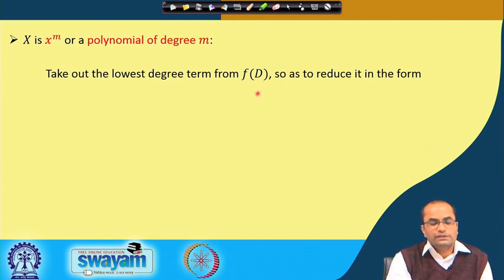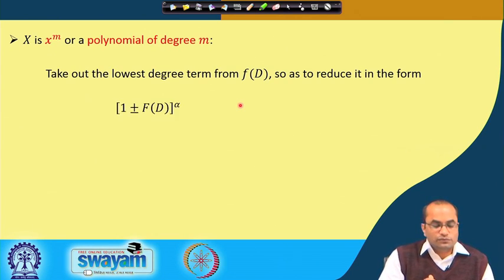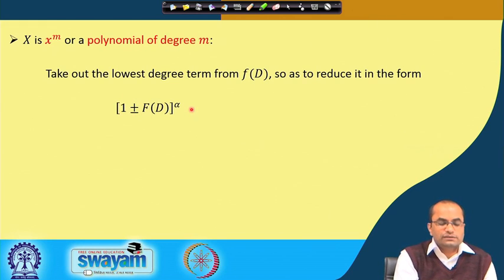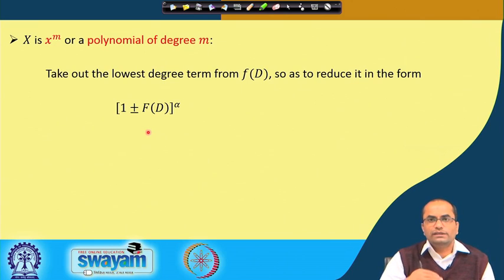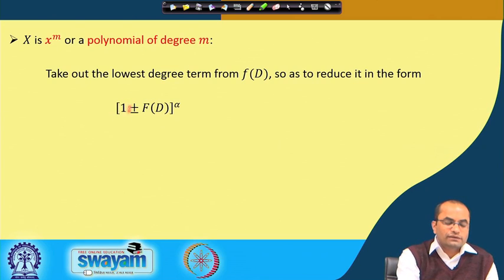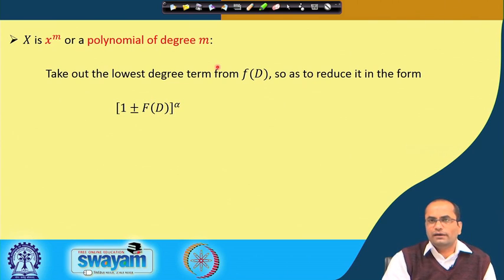Take out the lowest degree term from the operator function f(D), so as to reduce it to 1 plus or minus another function of f(D) to the power alpha, usually where this alpha is 1 in most cases.